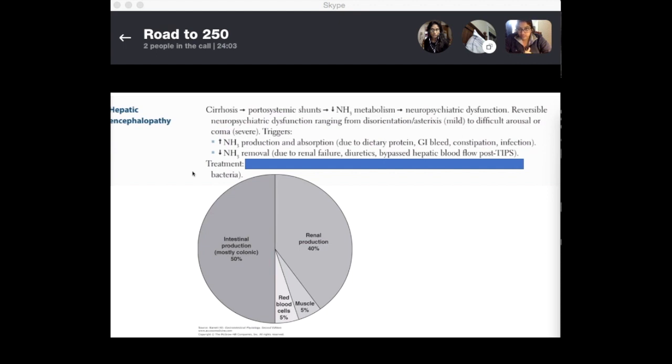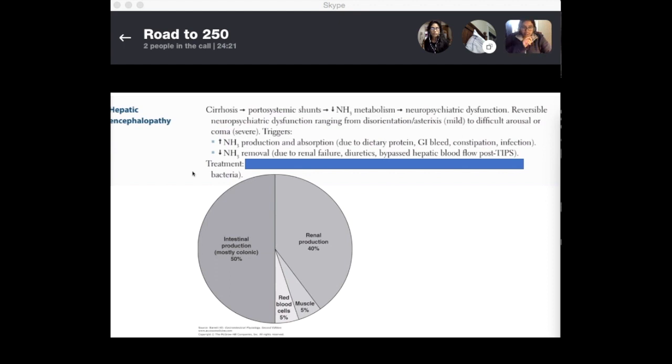And then to a lesser degree, we also have it from red blood cells and muscle breakdown, since it results from protein and amino acid degradation. So that's where we see this guy coming in.